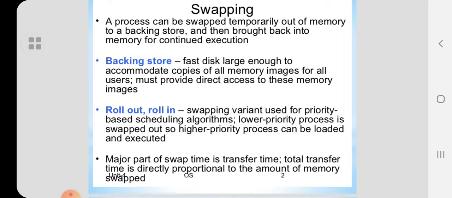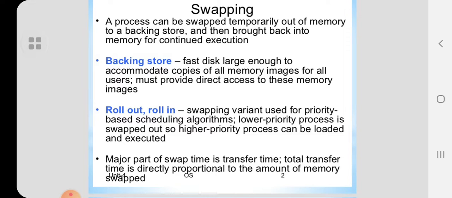All memory images are on the backing store and are ready to run. Whenever the CPU scheduler decides to execute a process, it calls the dispatcher. The dispatcher checks to see whether that process is in memory. If not, it swaps out a process currently in memory and swaps in the desired process.